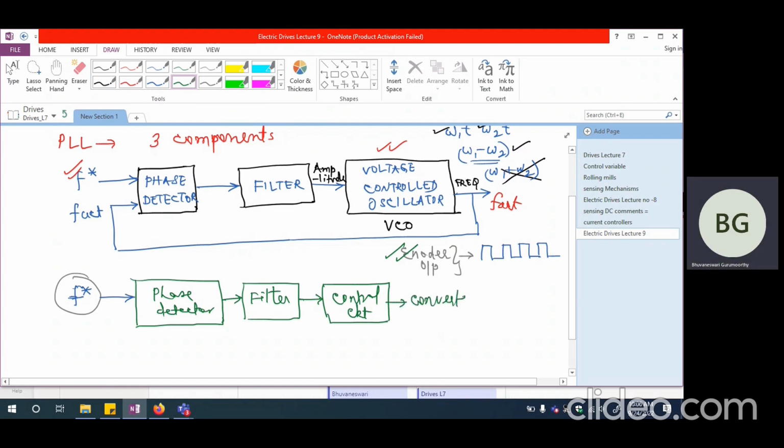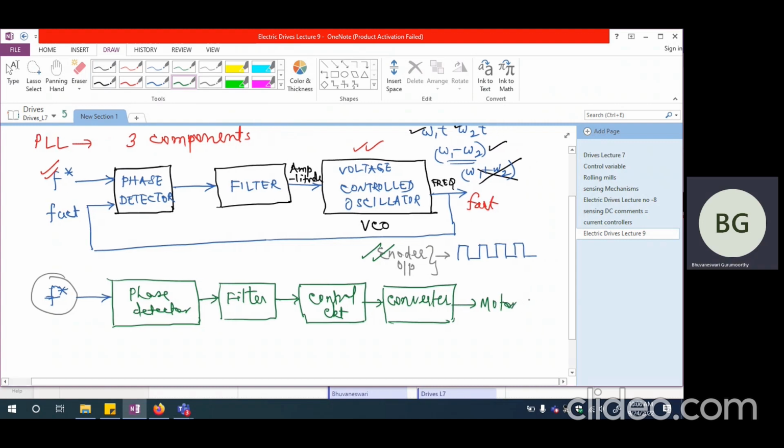Now this converter is going to feed the motor, and the motor is of course coupled to the load. The motor is also going to have an encoder, so I'm going to have an encoder which is connected to the motor.